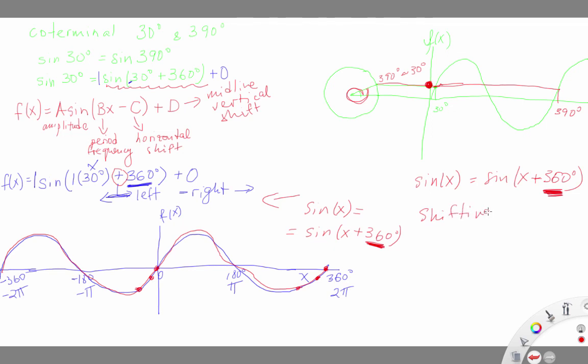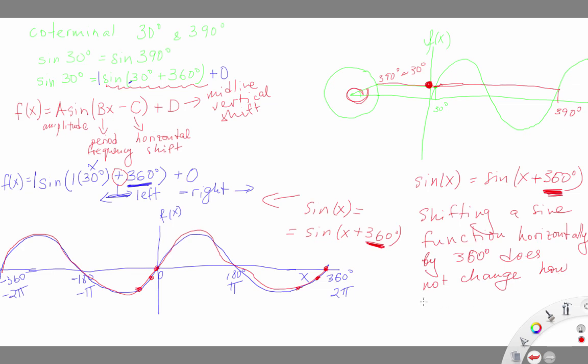Shifting a sine function horizontally by 360 degrees does not change how the function looks.